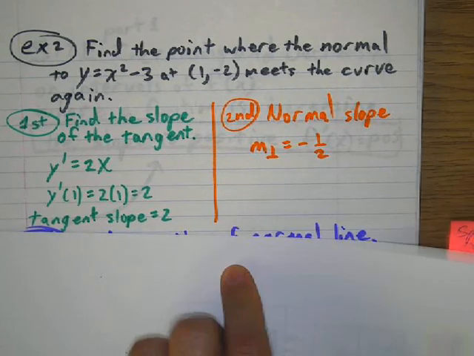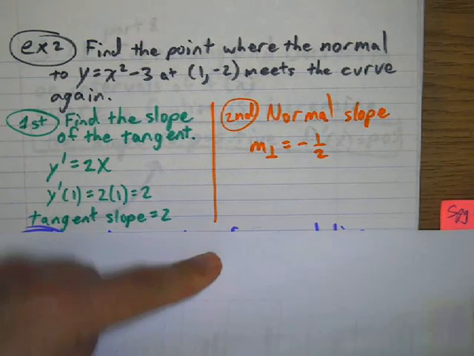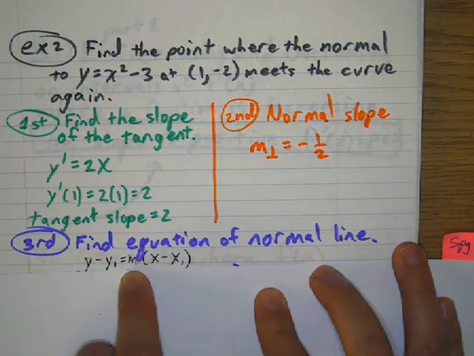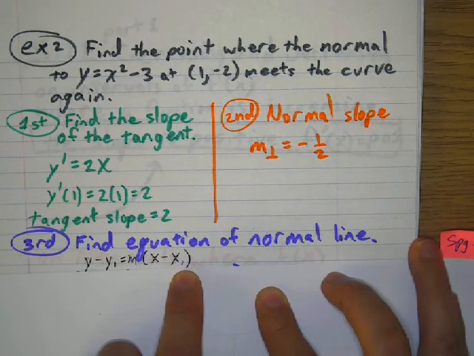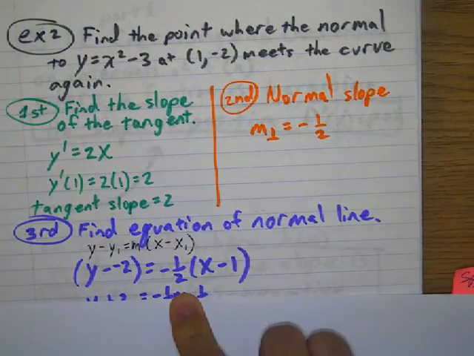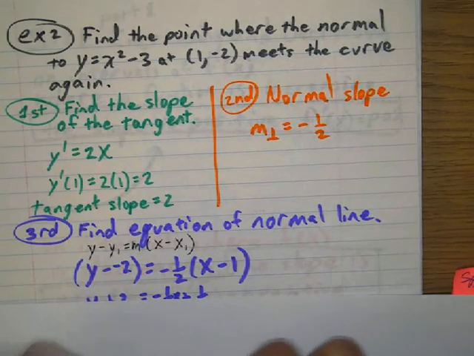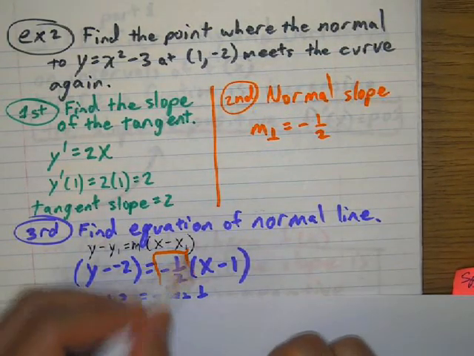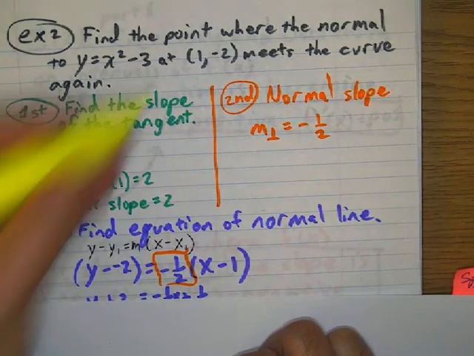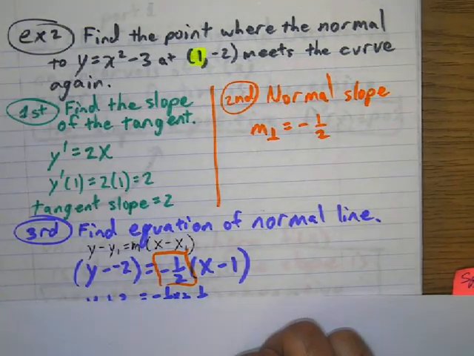Okay, so next, I'm going to use y minus y1 equals m times x minus x1, so I'm going to replace my slope with negative 1/2, right? And we've got our point, which is 1 comma negative 2.